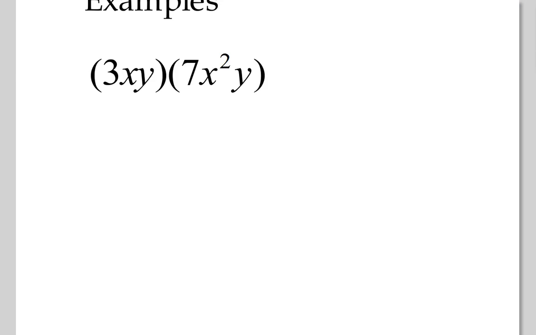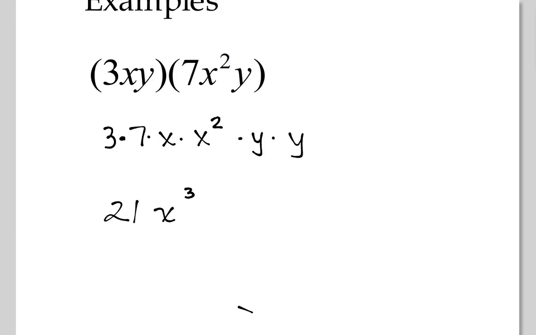Coefficients go together. X's go together. And y's go together. 3 times 7 is 21. X times x squared is x cubed. And y times y is y squared. You just literally count them up.